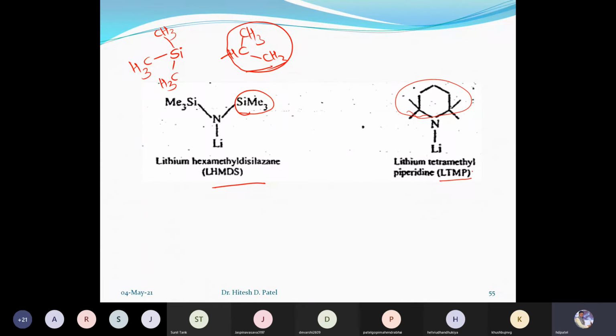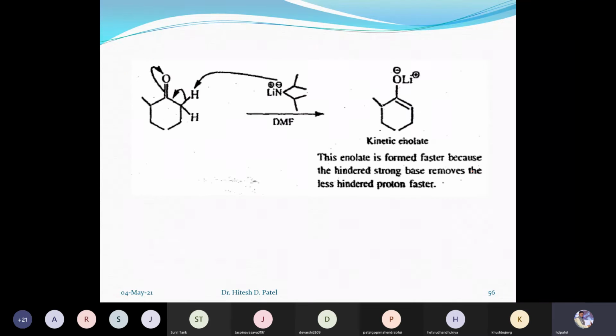These types of reagents or other substituted reagents are available in place of LDA, and they have characteristics like LDA, lithium diisopropylamide. Here our purpose is to discuss LDA, so we are not going to talk about the other reagents, but we will focus only on LDA.